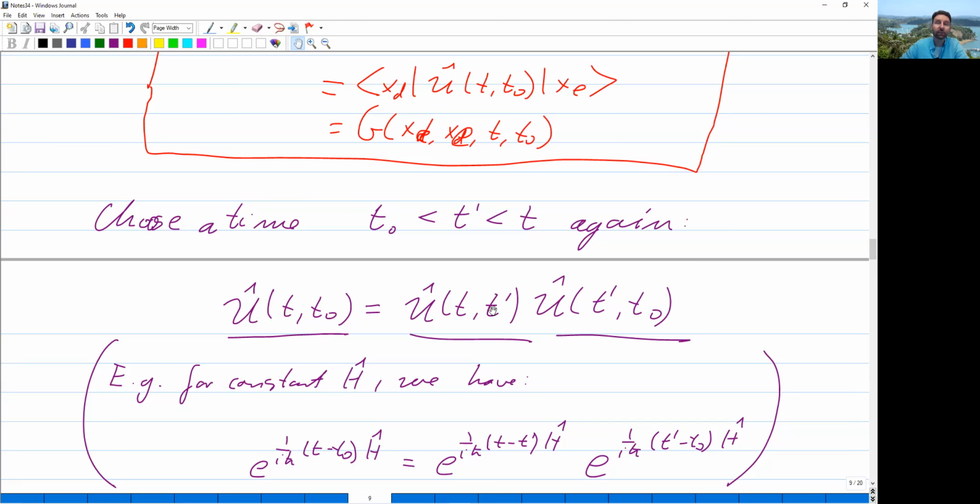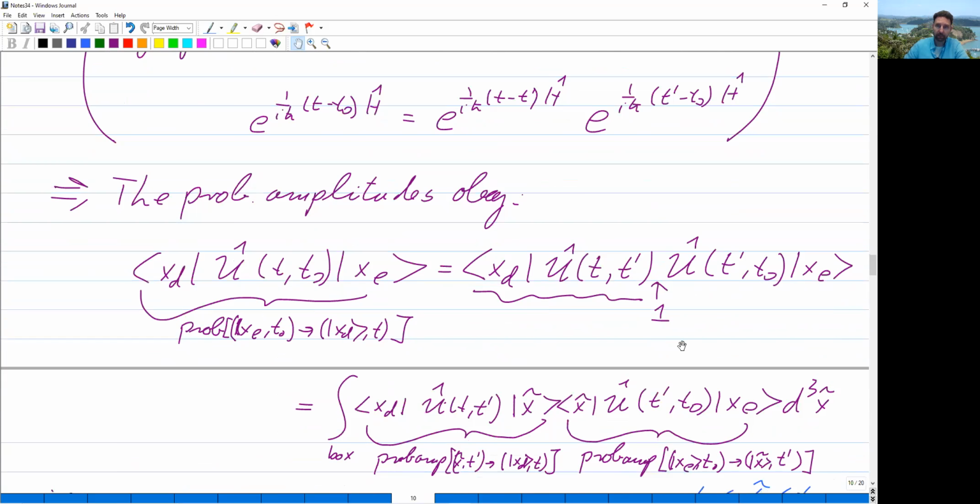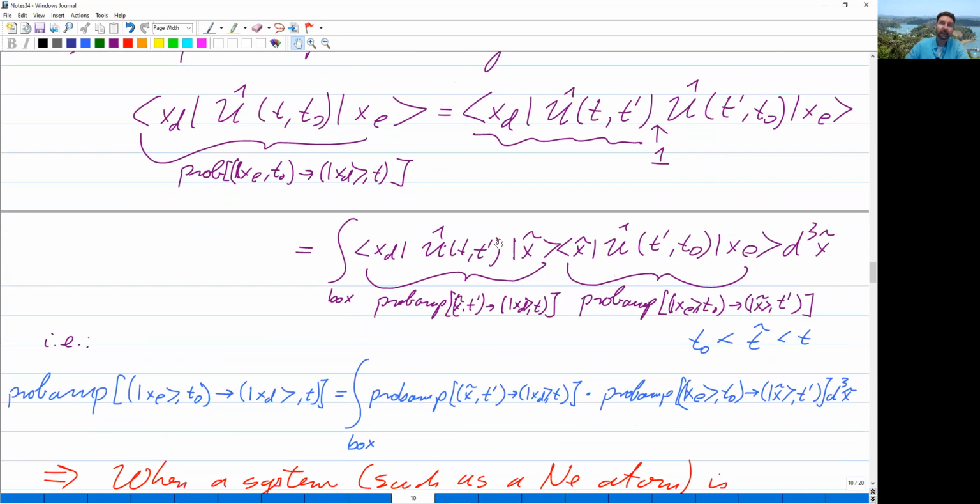And then we can insert between any two of them a resolution of the identity, just as we did here. Insert a resolution of the identity in the position basis. So now we get not just one integral, we get many integrals, namely capital N integrals if we insert capital N resolutions of the identity, because we split the time evolution operator into n time evolutions.